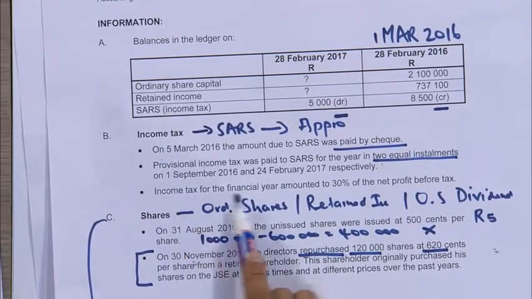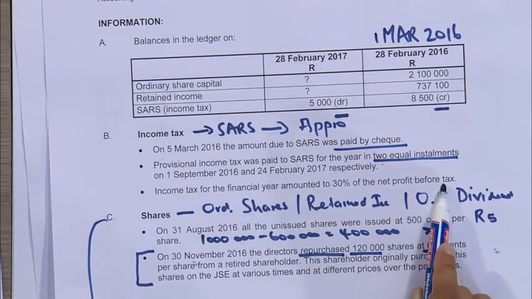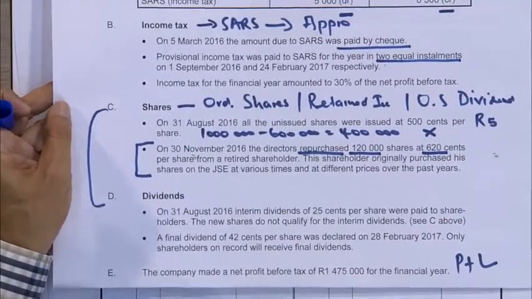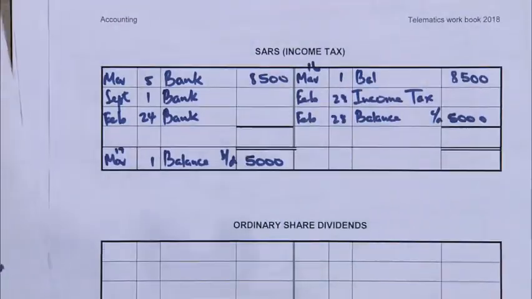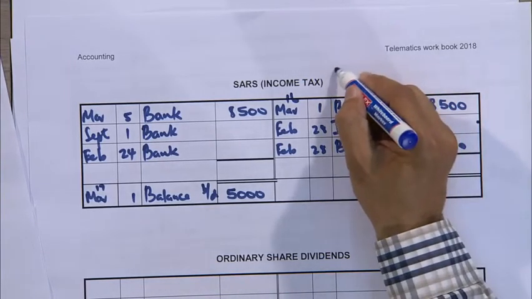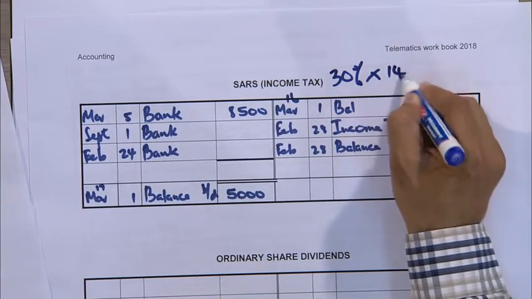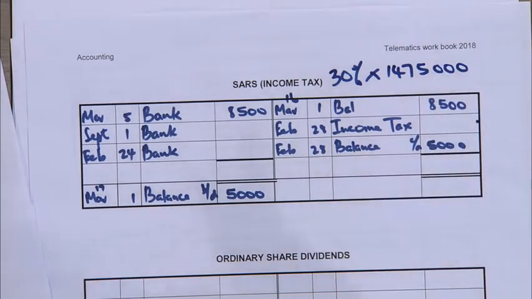Nothing else is given, except right at the bottom. It says income tax for the financial year amounted to 30% of the net profit before tax. And if we look at information E, it says the company made a net profit of 1,475,000. So my income tax figure is 30% of 1,475,000.